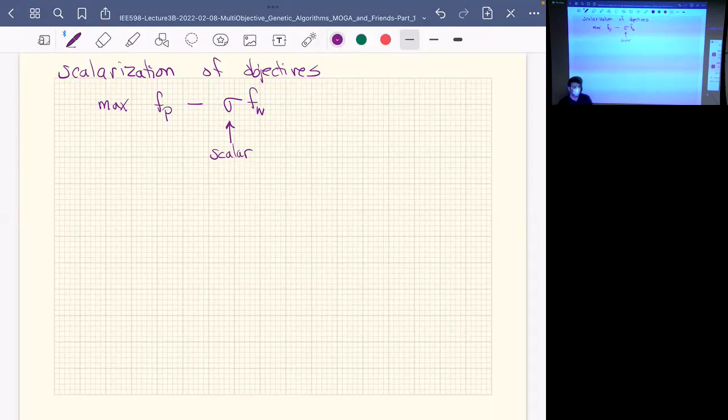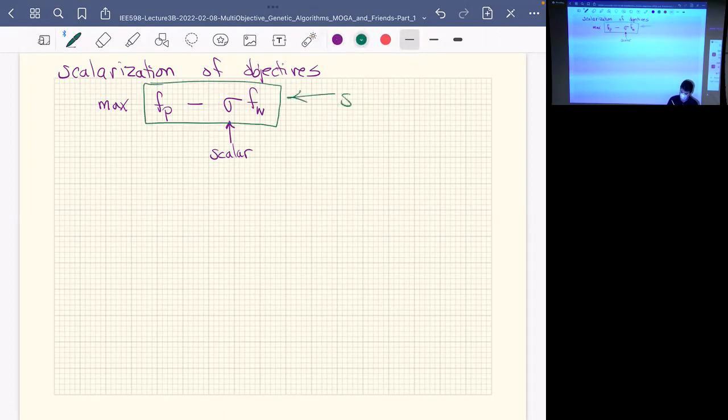In this case, I create a composite optimization objective where I can choose how important profit is versus weight, encode that into this scalar, and then turn this into a new optimization objective.